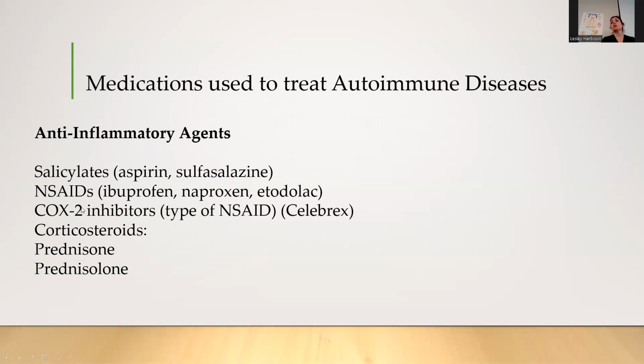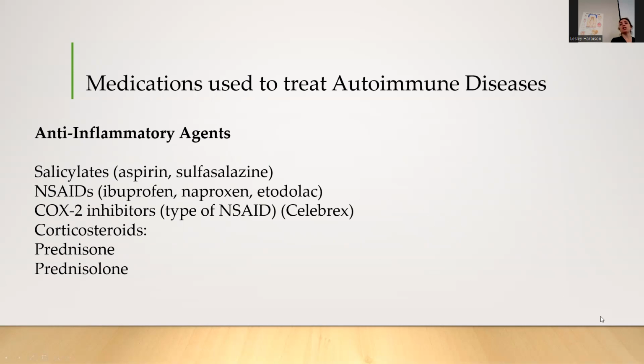The COX-2 inhibitors, the only one on the market right now is Celebrex, is a little less irritating to the stomach than taking naproxen or ibuprofen long term. So if somebody's on an NSAID long term, they might put them on a COX-2 inhibitor like Celebrex, the only one.